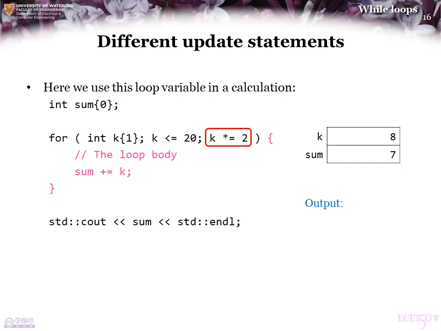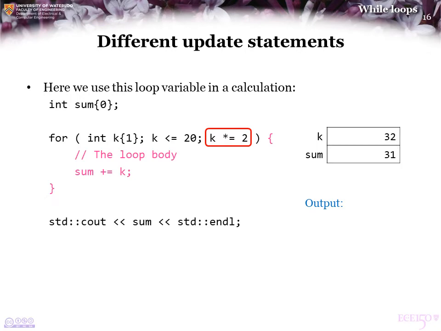The condition is still true, 8 is less than or equal to 20, so we execute the body, we add 8 to 7 to give 15, and we multiply k by 2. Once again, the condition continues to be true, so we add 16 onto 15, giving sum the value of 31, and we perform the update statement.